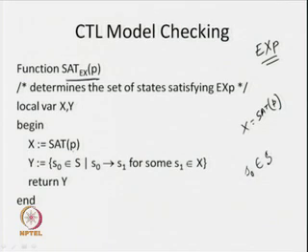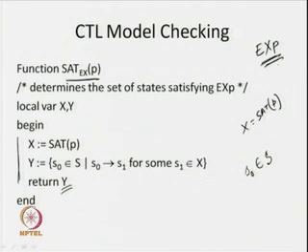So, we collect all such states S0 from which there is a transition to a member of X. That means we get the states where in the next state the formula P is true. Then we return this set of states Y. Basically, this step gives me the set of states where the formula EXP is true.